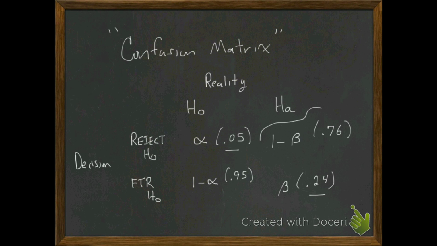Now, this upper right-hand part of our confusion matrix represents the most desirable outcome when conducting a test of hypothesis. And it actually turns out, as we have talked about in a previous class, regression, that 1 minus beta just turns out to be the power.